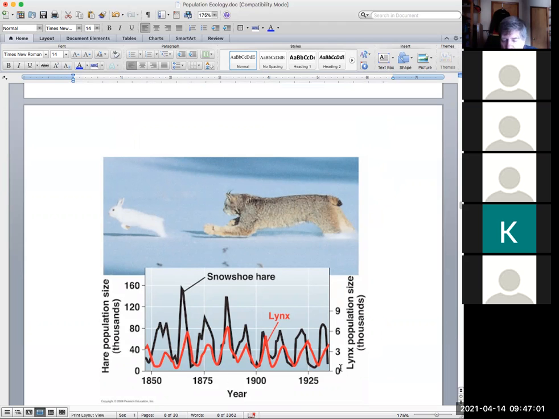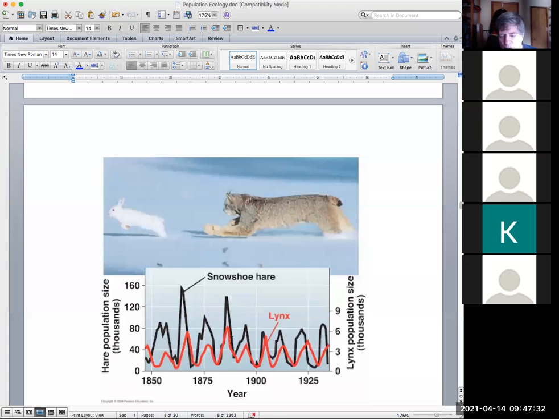And if we look at population sizes from the 1800s, and the reason we have such accurate population sizes for so many years is that snowshoe hare fur was used to make clothing, and so was lynx fur. So they were actually trapped on a consistent basis from the early 1800s to the early 1900s.